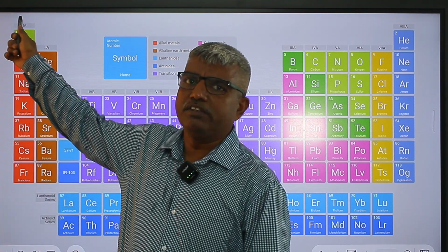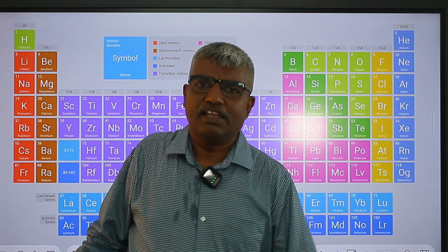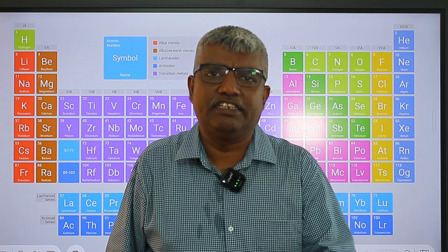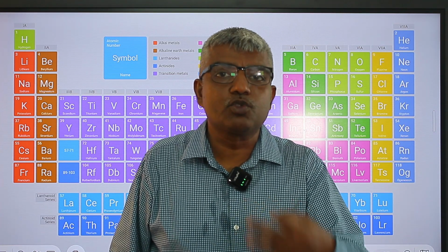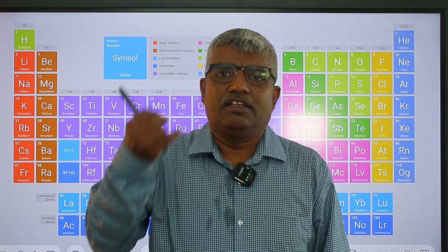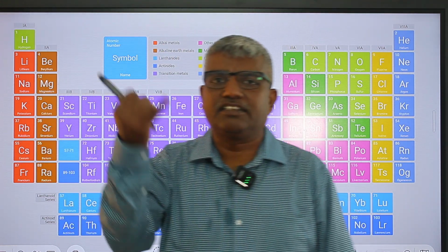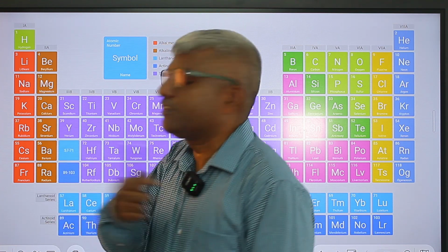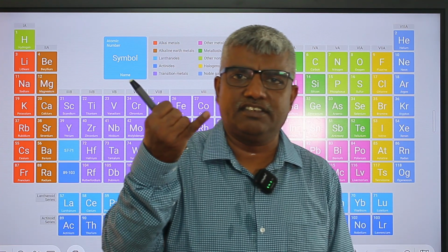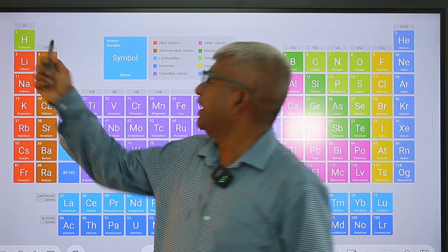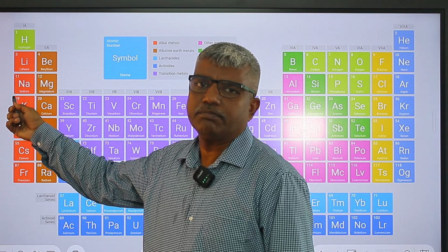Now we are going to see the first A group. Hydrogen, a very simple one. Then what is after hydrogen? Lithium, sodium, potassium, rubidium, cesium, francium. First memorize hydrogen, lithium, sodium.